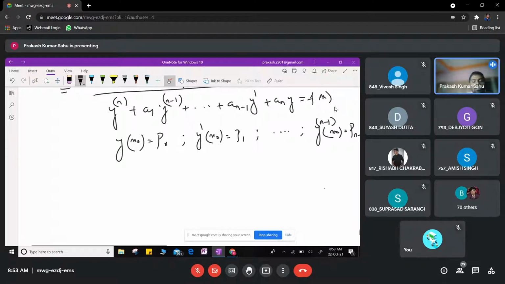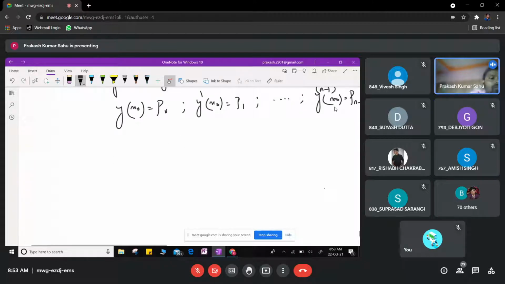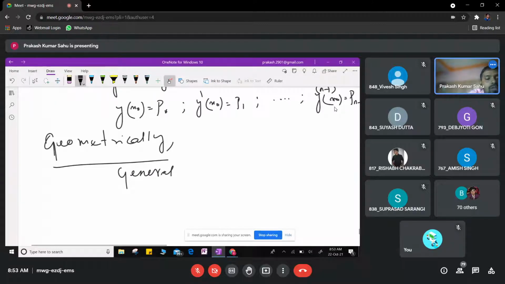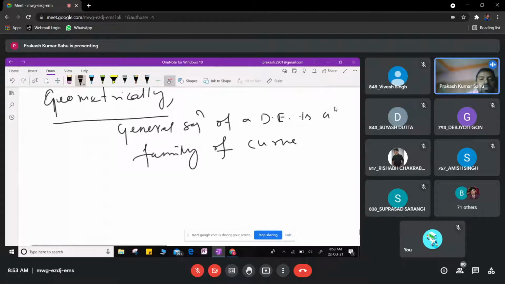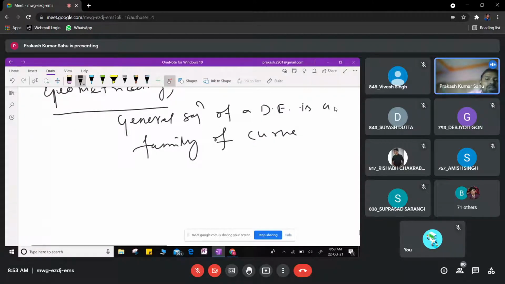Okay, so this is about the solution, and geometrically, the general solution of a differential equation is a family of curves. Okay, the general solution of a differential equation is a family of curves.